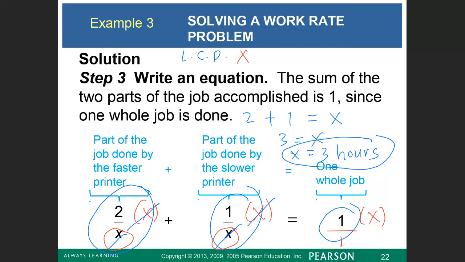So that's for the fast printer, right? And then for the slower printer, it's 2 times x. So you will get 2 times 3, that would be 6. 6 hours for the slow printer.